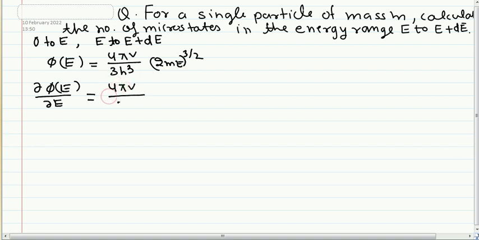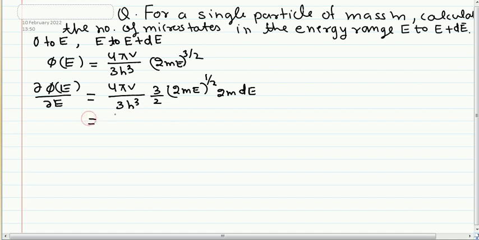4 pi V upon 3h cube is a constant term. Then differentiation of (2mE) to the power 3 by 2. So this will be 3 by 2 into (2mE) to the power 3 by 2 minus 1, that is half, and then multiplied by differentiation of 2mE, which means 2m into dE.